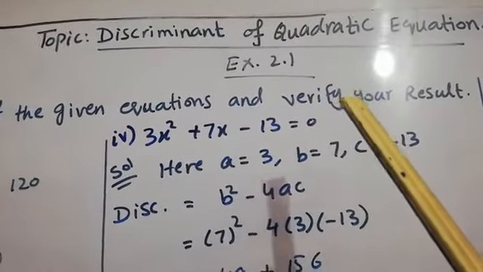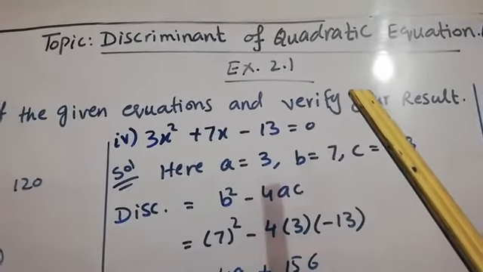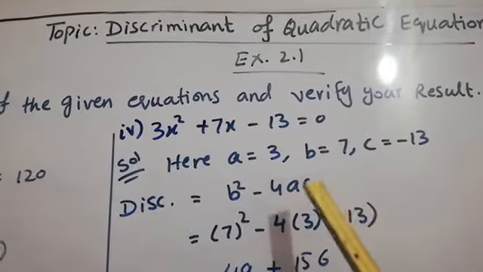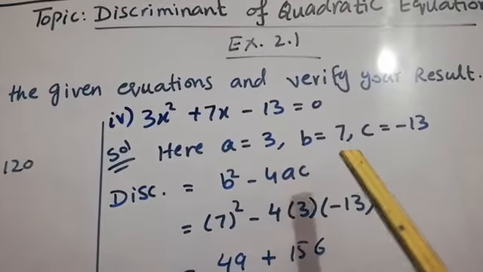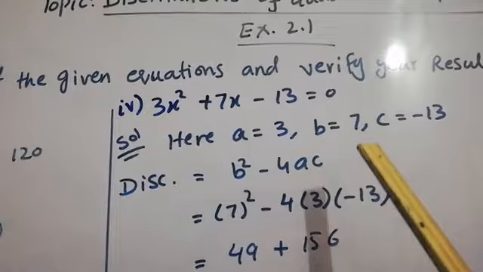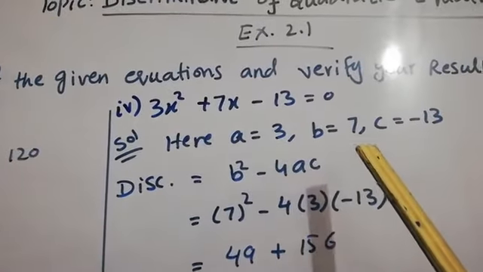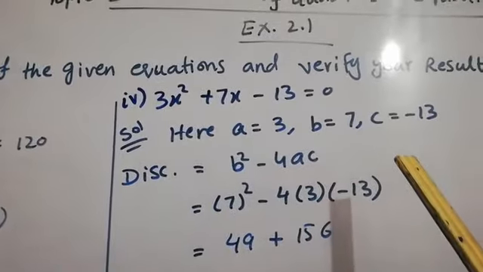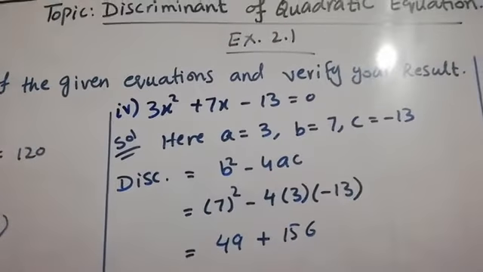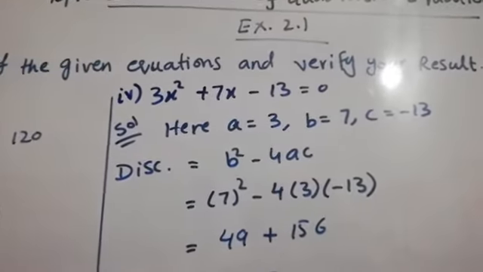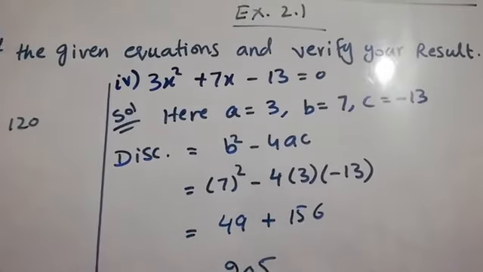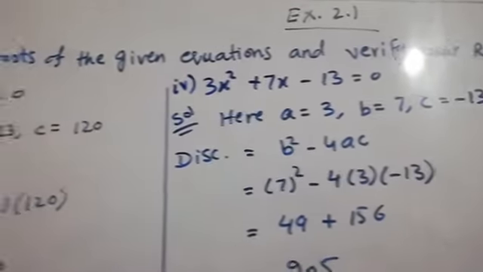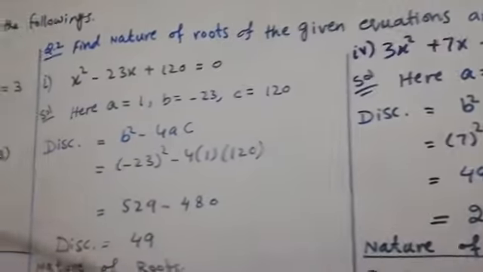And there are 4 different types of nature of roots of a quadratic equation. If the discriminant is positive and a perfect square, then the roots will be real, rational and unequal. And if the discriminant is positive but not a perfect square, then the roots are real, irrational and unequal.